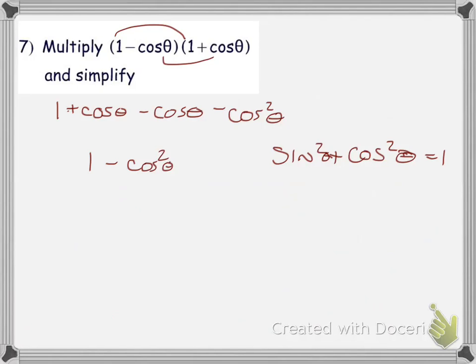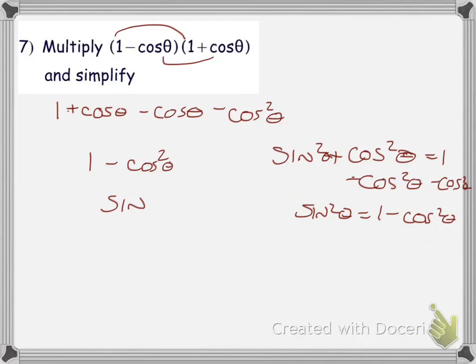And if you notice, if I subtract cosine squared theta, I get sine squared is equal to 1 minus cosine squared. So that means that this 1 minus cosine squared times 1 plus cosine squared is equal to sine squared of theta.